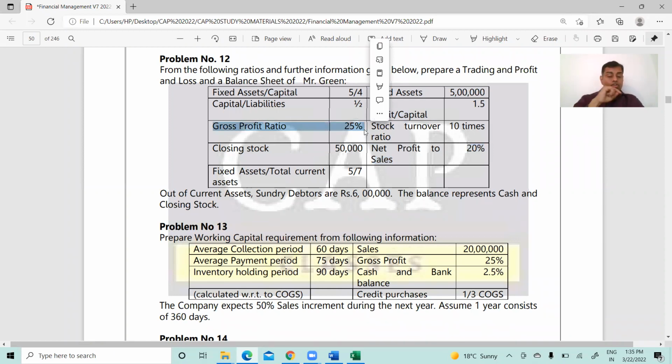Can you tell me cost of goods sold? Cost of goods sold. Correct. 22.5 lakhs. Correct. Stock turnover ratio 10 times. Cost of goods sold 22.5 lakhs. Can you tell me average inventory, how much?